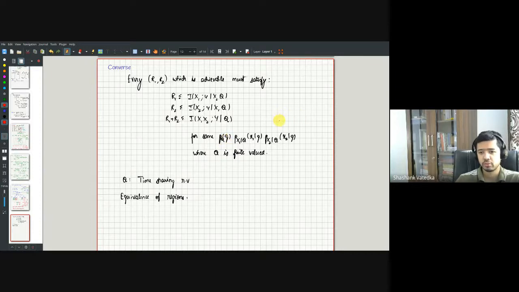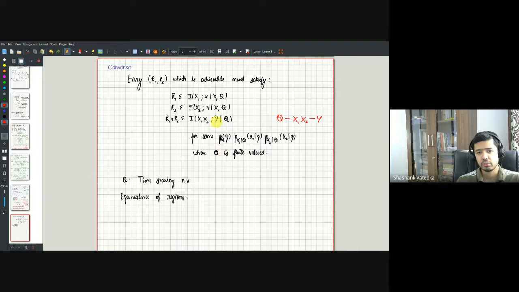So you generate a random Q, which comes from any alphabet which is finite valued. There's no real constraint on the cardinality of Q, but conditioned on Q, X1 and X2 are independent of each other. So they're conditionally independent given Q, and then you pass X1, X2 through the channel to get Y. So in some sense, Q, X1, X2, and Y form a Markov chain.